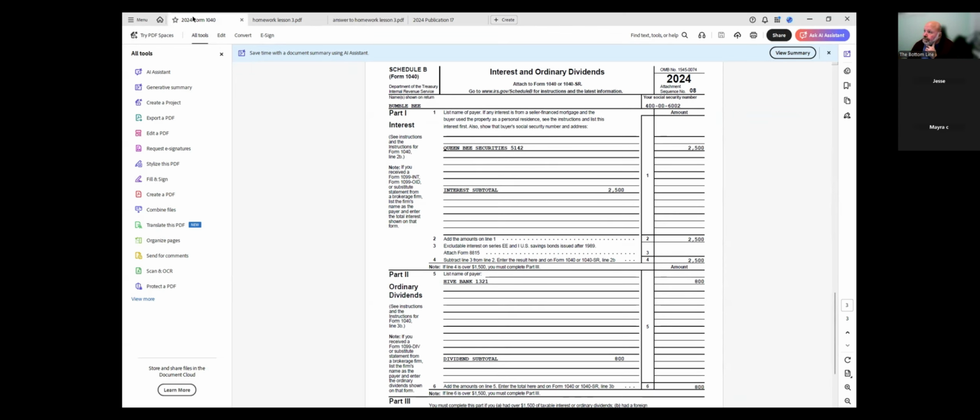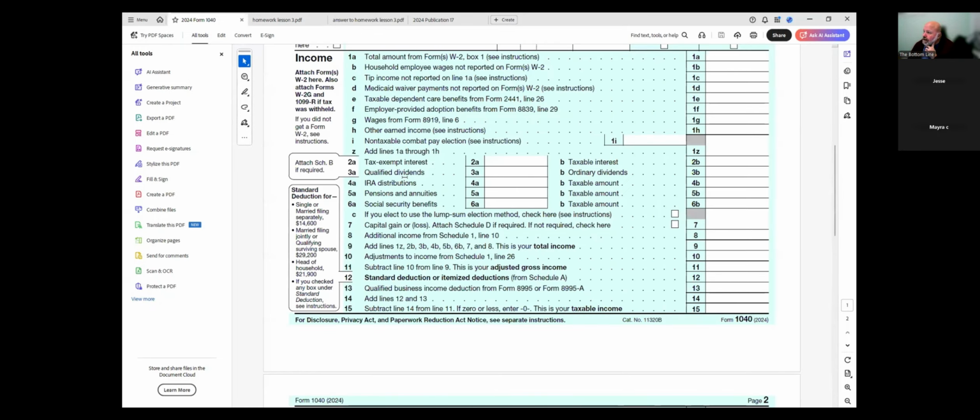So when you add up all our total income on line 9, and we're going to go through other things that you can have income from, we're going to start that tonight. But right now, those are our only three sources of income: the W-2, the interest, and the dividends.